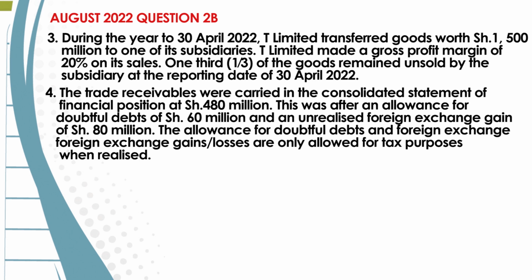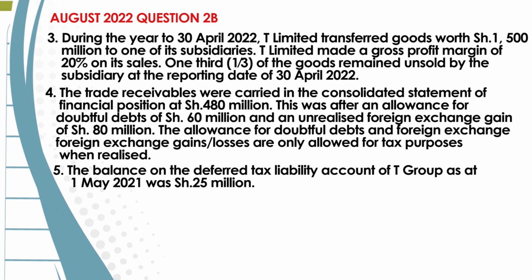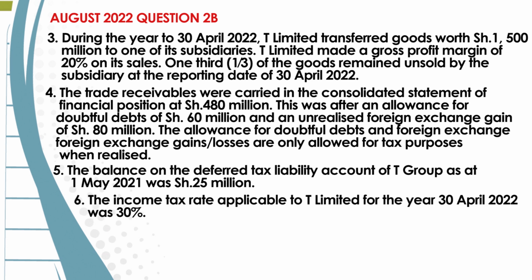Number five, the balance on the deferred tax liability account of T Limited as at 1st May 2021 was shillings 25 million. And number six, the income tax rate applicable to T Limited for the year ended 30th April 2022 was 30%.